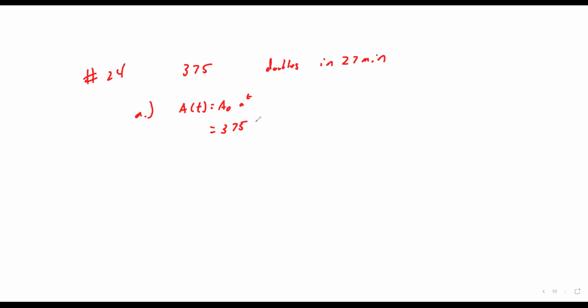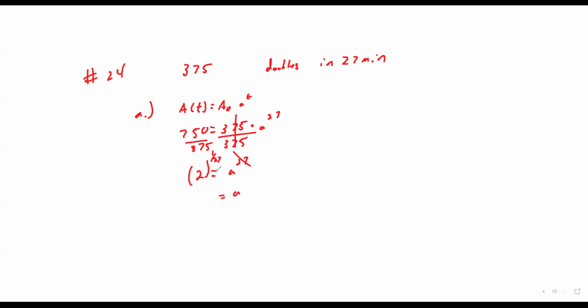Oh, wait, yeah, to find out what the A is, in 27 minutes, this doubled. So real quickly, 375 times 2 is 750. So to solve this, I can simply just divide. And really and truly, again, just like beforehand, since I knew it doubled, I should always get the answer of that. And then now I can just do 1 to the 27th of that.